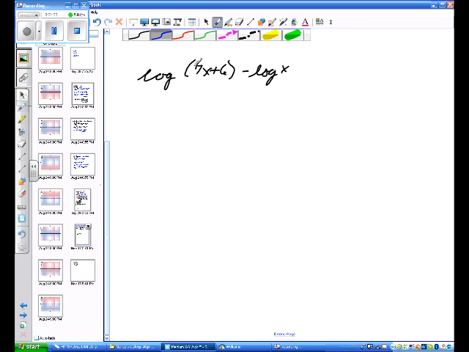So we can't break that up. We have to keep it in parentheses. What we're dealing with here is the difference of two logs. So the difference of two logs is the same as the log of the quotient. So 7x plus 6 divided by x.